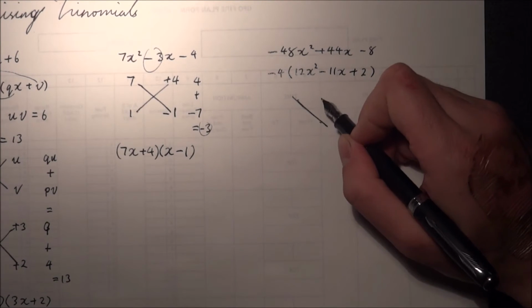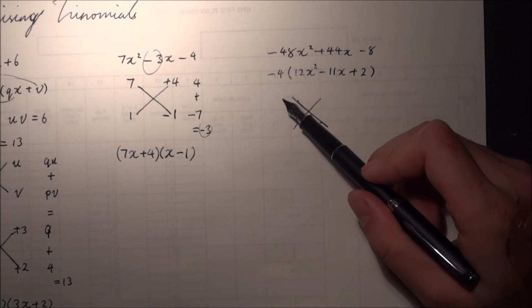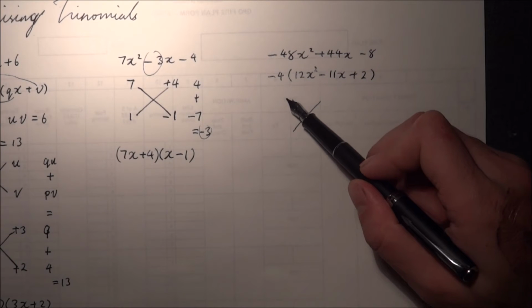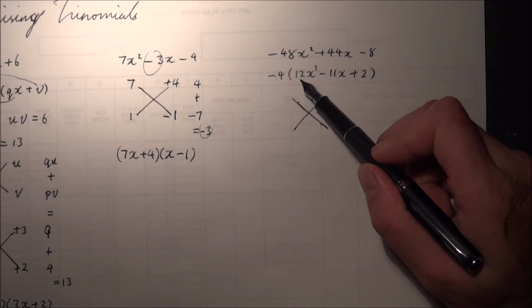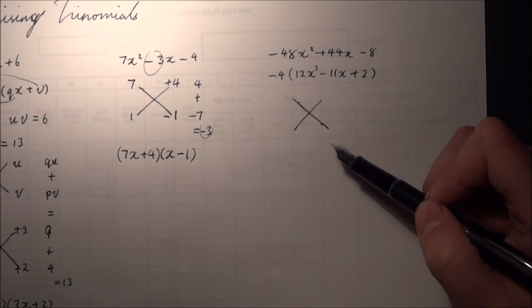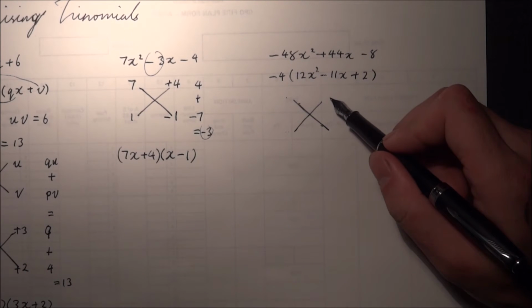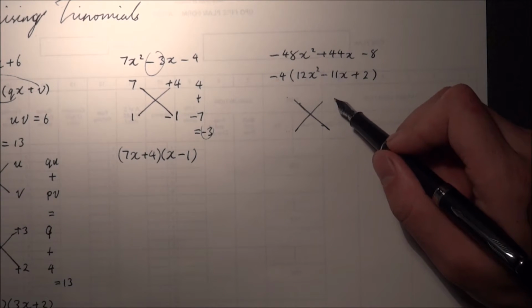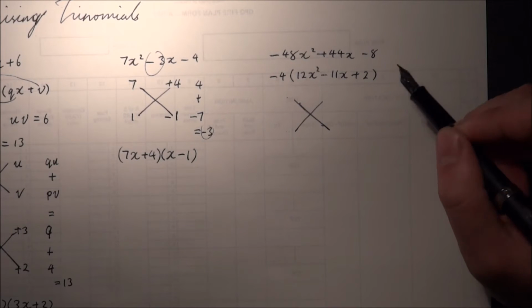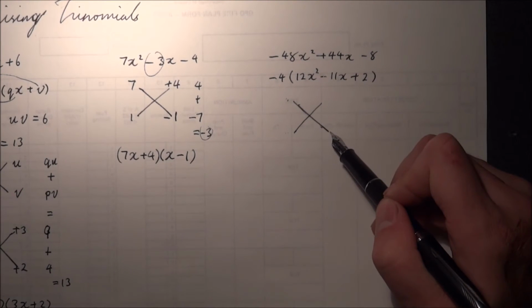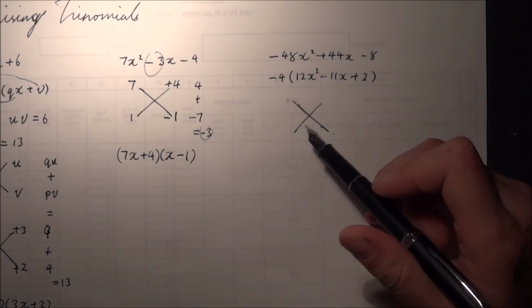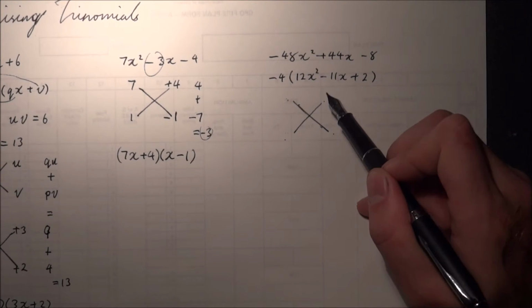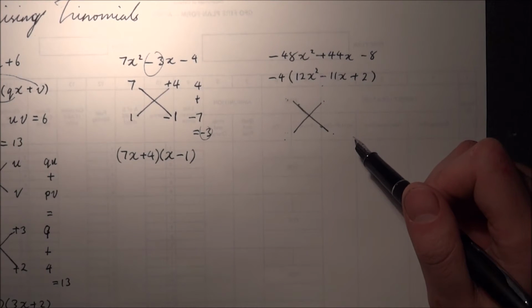We have to find 4 numbers. These two have to be factors of 12, so this number times this number will have to be 12. And these two numbers will have to multiply to 2. While this number multiplied by this number plus this number multiplied by this number has to be negative 11.